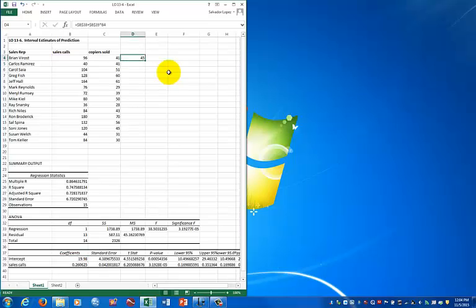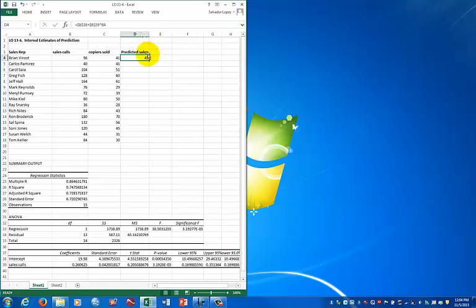Let me click enter and I get my predicted values, predicted sales. And if I copy this, I get all the predicted values for the order axis.